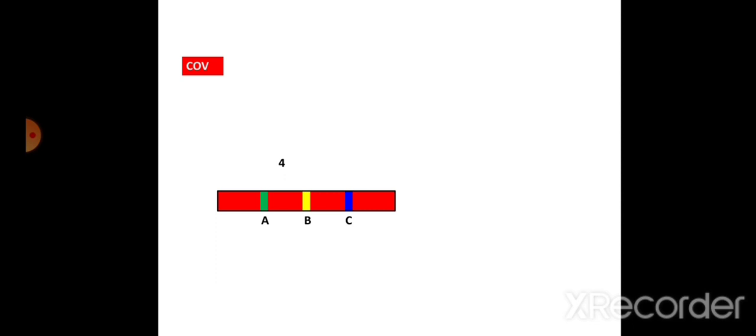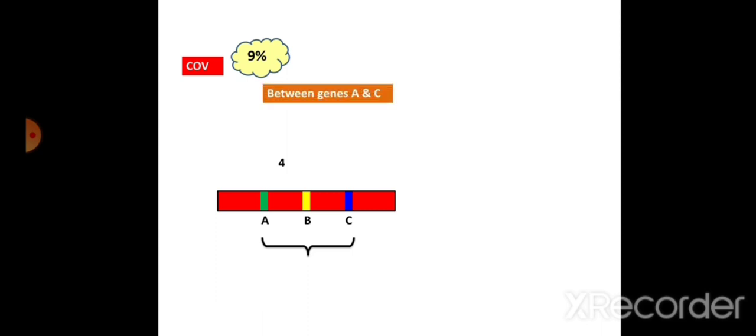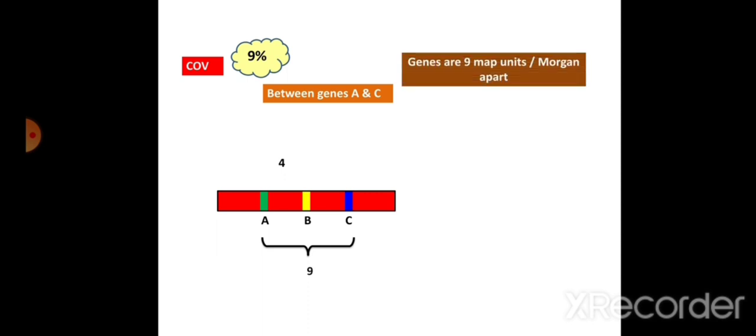Let's imagine another example where crossover frequency is 9%, that is A to C. If it is 9%, then the distance between A to C directly will be taken as 9 map units. So thereby the distance between A to B will be 4 and the distance between B to C will be 5.